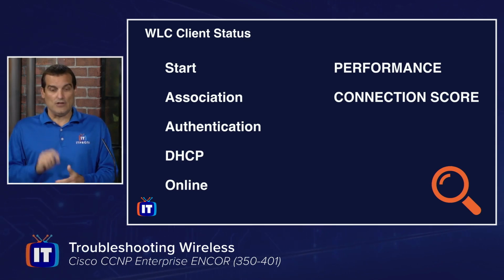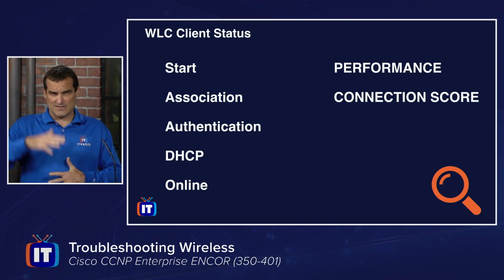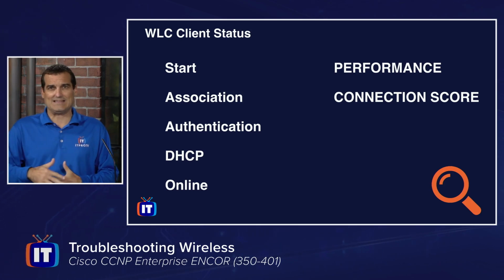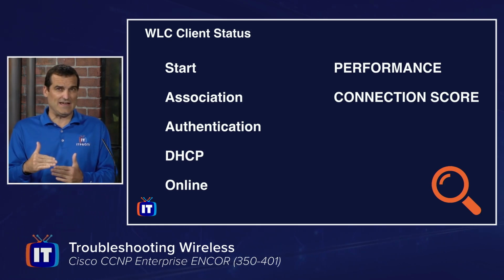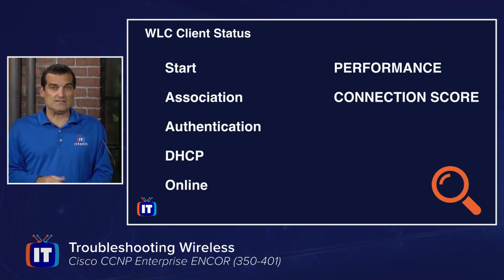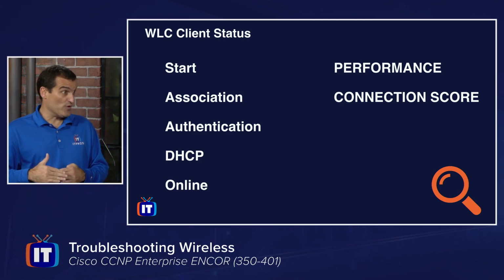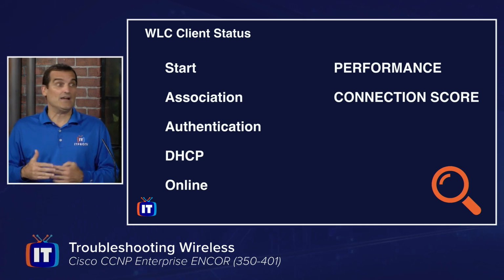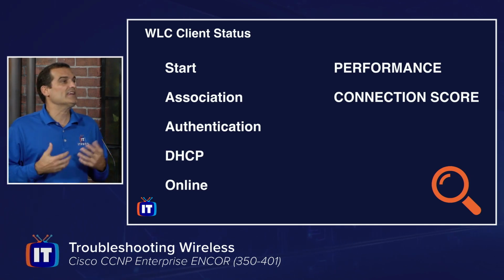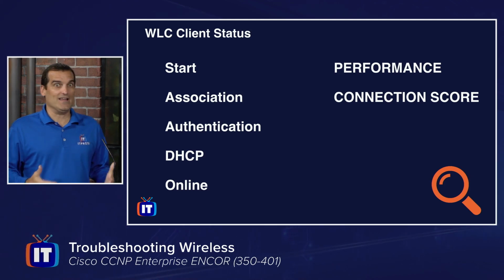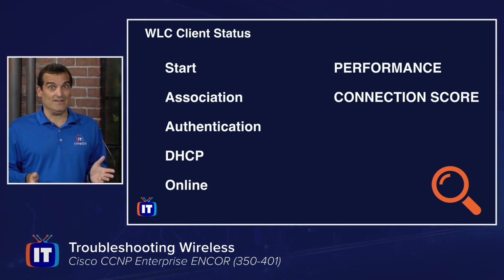You click on the client device, obviously, and there's this page with a ton of tiny text that's the details of that client. There are two areas, Ronnie, that are so cool that Cisco really highlights for us. One is performance, and the other is a very simple connection score. All right, I love it, from 0 to 100.